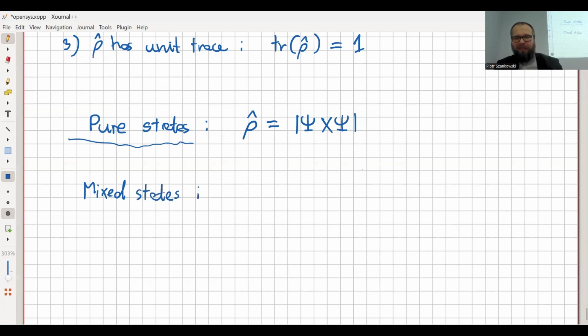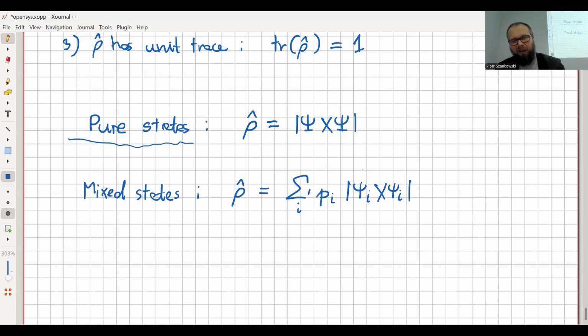Okay, but those are the simplest kind, the pure states, because you also have mixed states. Mixed states. Those are, I always forget, convex or concave? Convex. Mixed states are mixtures, or convex combinations, of pure states. So in human language, this means that rho can be written as a sum over some index i, with p_i, a coefficient, and a projection on some ket psi_i.